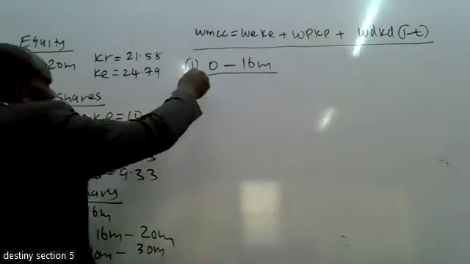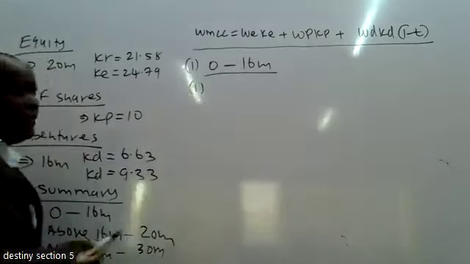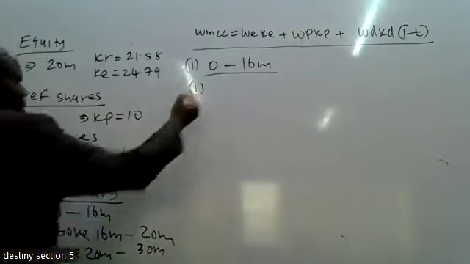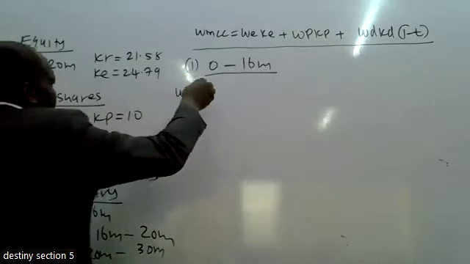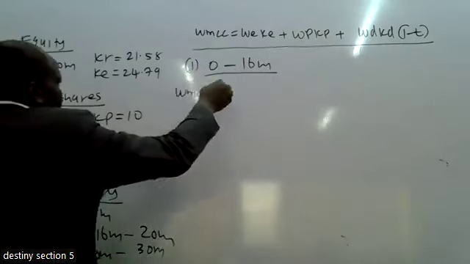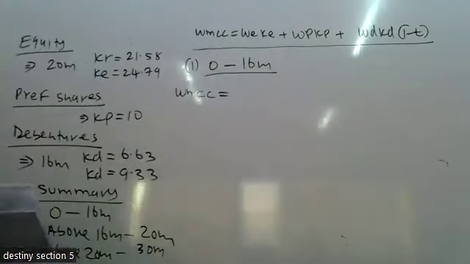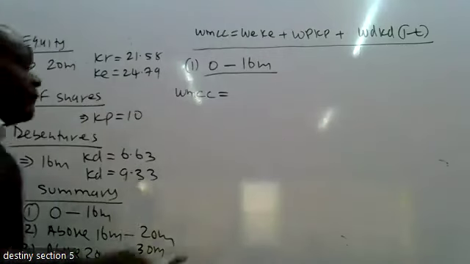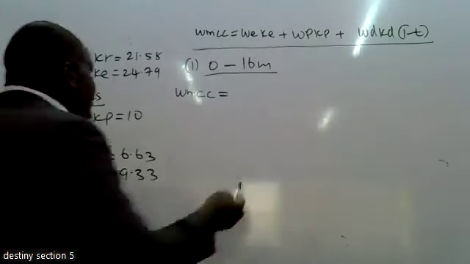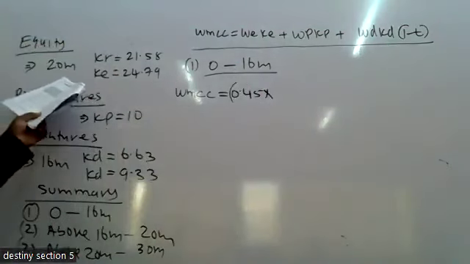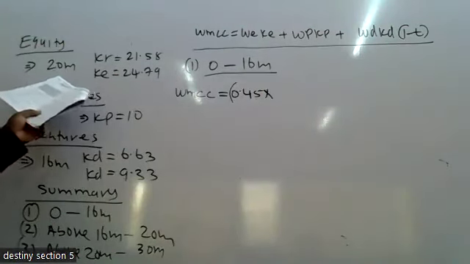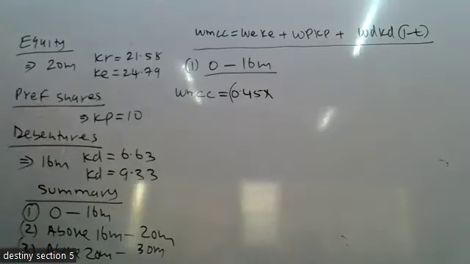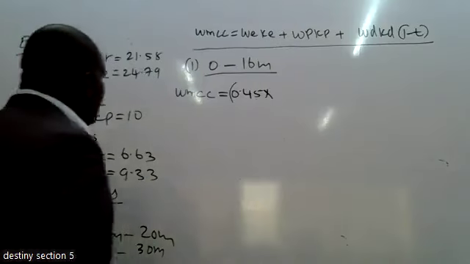So we start with the first one, which is from 0 to 16. For our WMCC, the weight for equity, you can see in note number 6, equity is 45%, so 0.45. We are at 20 million and below, and 0 to 16 is below 20 million, so you use 21.5.